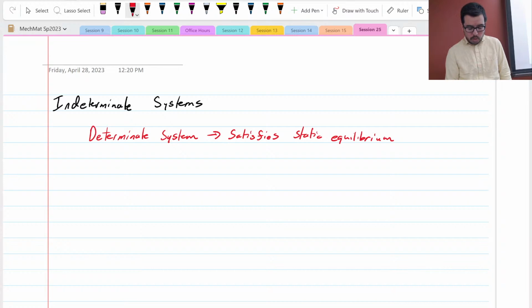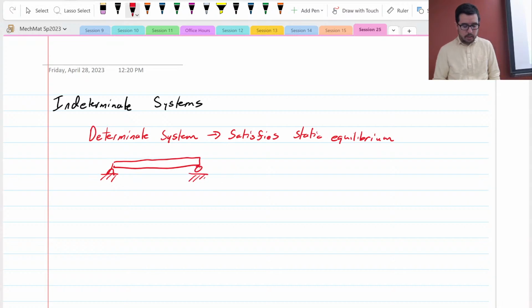So, for example, we've been looking at this case. This is a statically determinate system, because if I remove either one of those supports, this thing is just going to flop over.